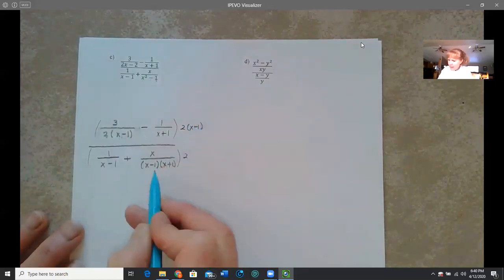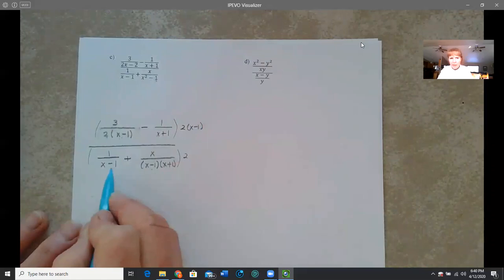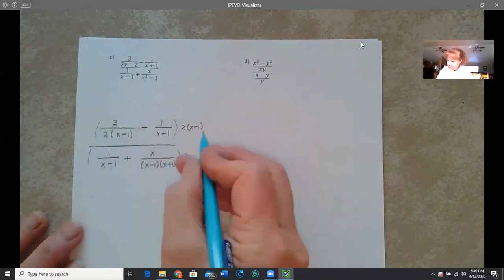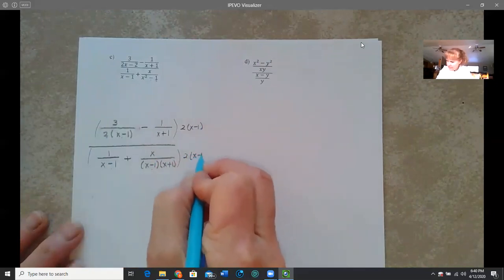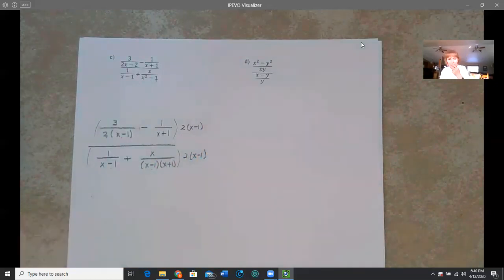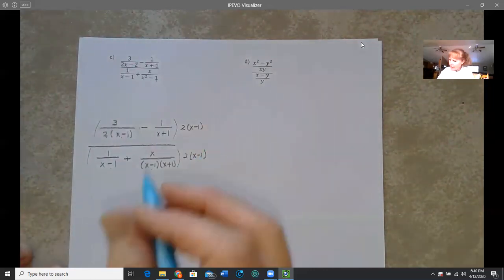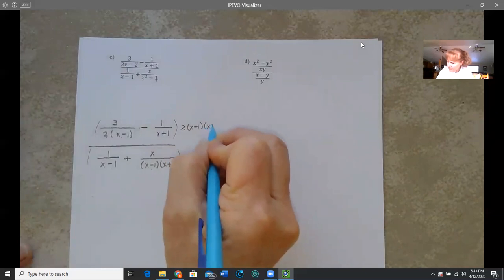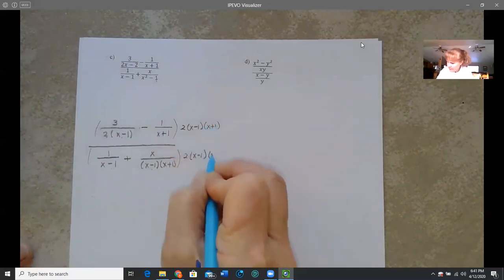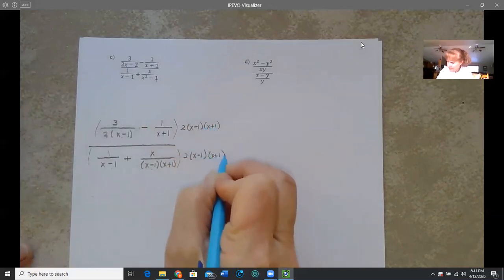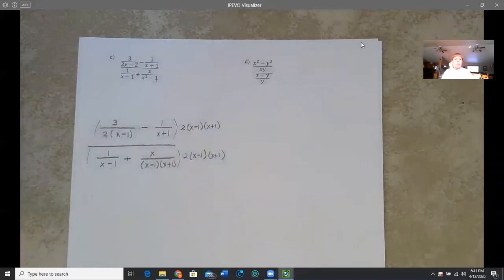This one had an x minus 1, and this one had an x minus 1. And the highest power is to the first on all three of those, so we'll just do it to the first. X minus 1 takes care of quite a bit of the least common denominator. And we have an x plus 1 as well. So there's my least common denominator.